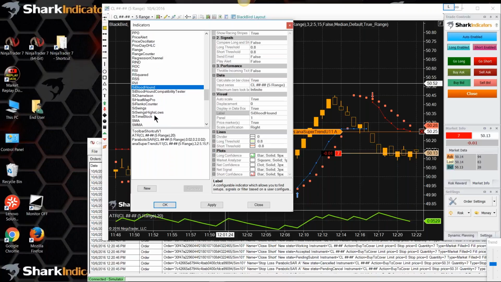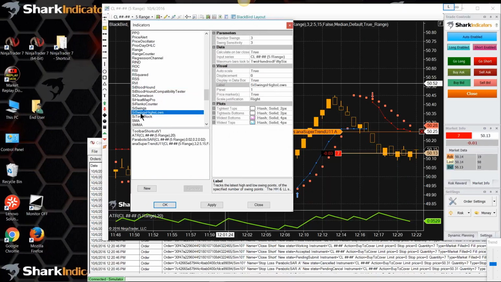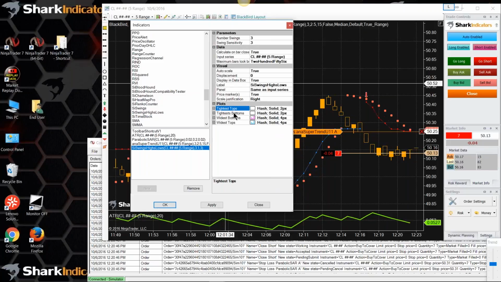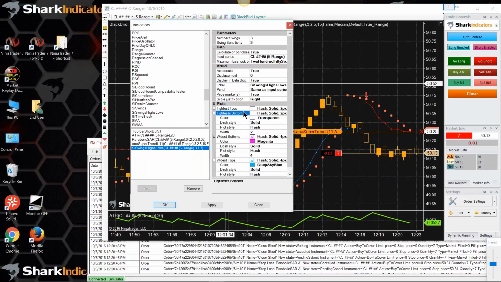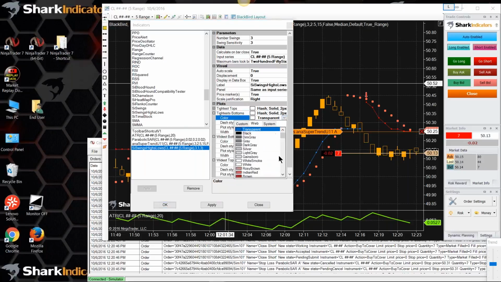When you're using swing points, BlackBird is using the swing high-lows indicator. And you can see there's tightest plots and there's also widest plots. So let's turn on the tightest plots as well.